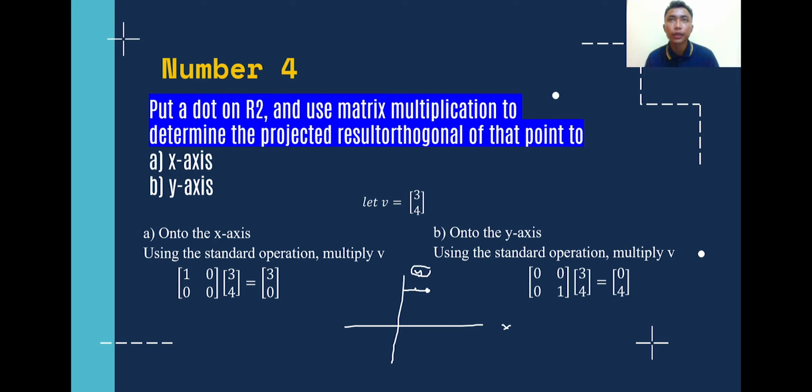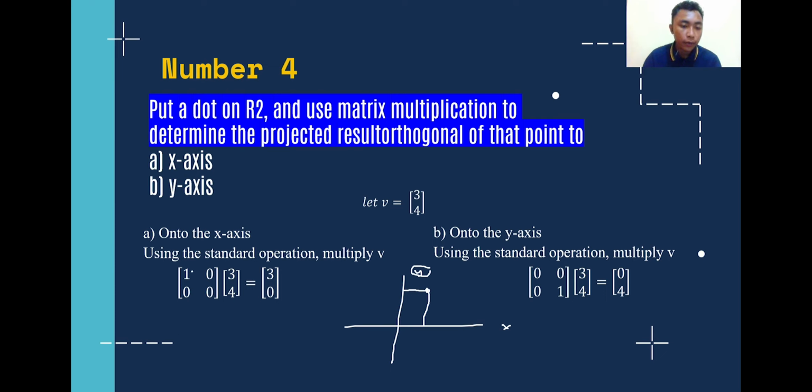So this makes the value y become 0. And how about the projection onto the y-axis? It's the same, but we will move the point to the y-axis. So we will make the value of x become 0.